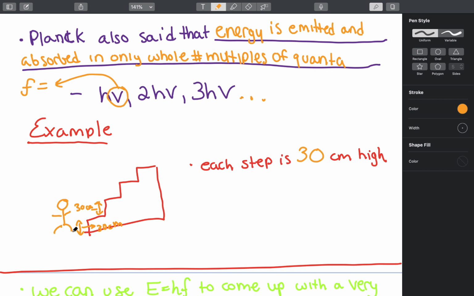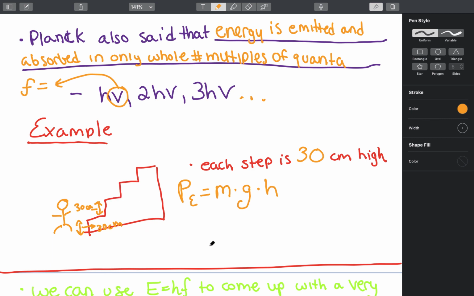Now this means that you have to increase your potential energy on each step. What does that mean? If you're in physics you may already know this: potential energy is equal to the mass of something times the gravity constant times the height. So mgh. That is the potential energy. As you go up each step, your potential energy increases.